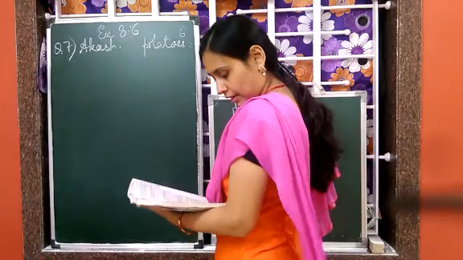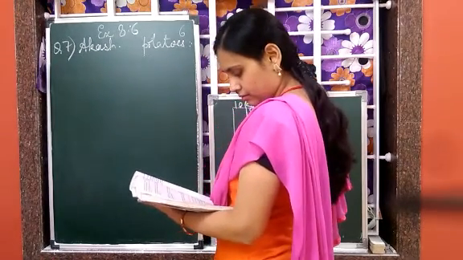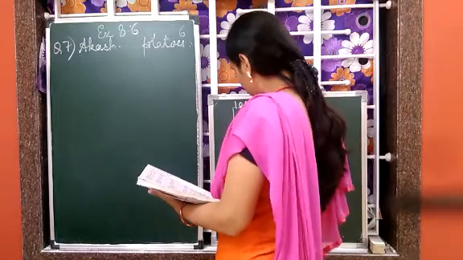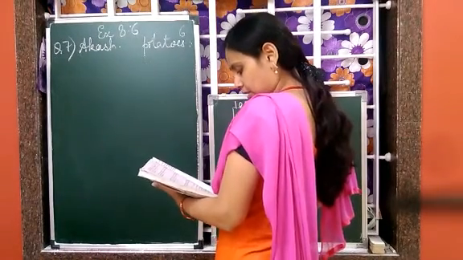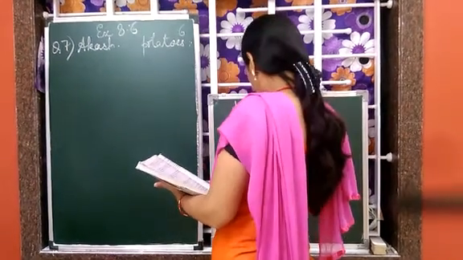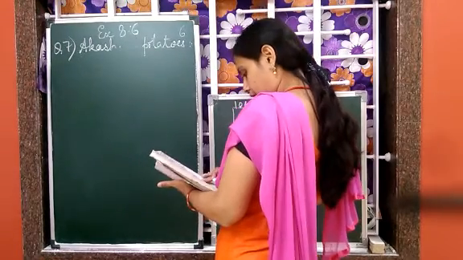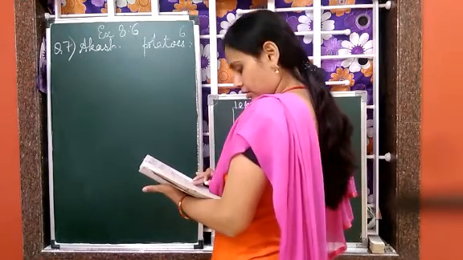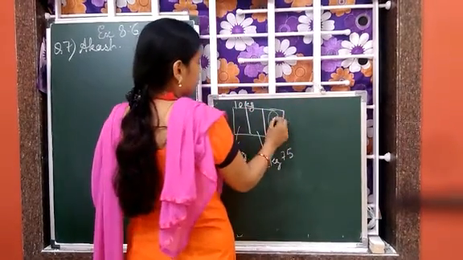So the first part is onion, that is 3 kg 500 grams, and the second part is tomatoes, which is 2 kg 75 grams, right? Then the rest is potatoes. This is potatoes.